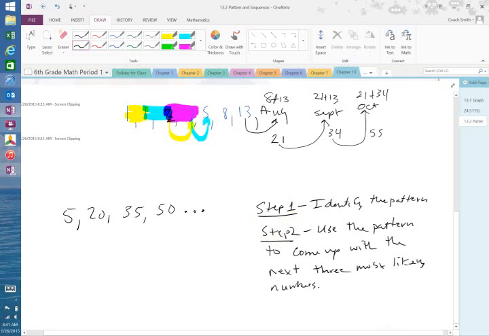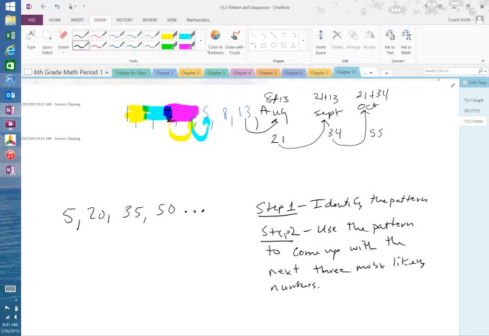Okay, so step 1 is we come up with a pattern. The pattern being, what are we doing mathematically to the numbers they have given us to get the sequence we've got. Okay? So what did you do to 5 to make it 20? Well, there's two things. Hang on, guys.